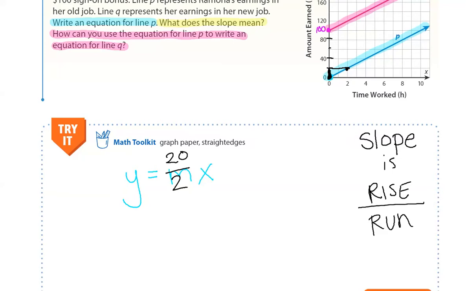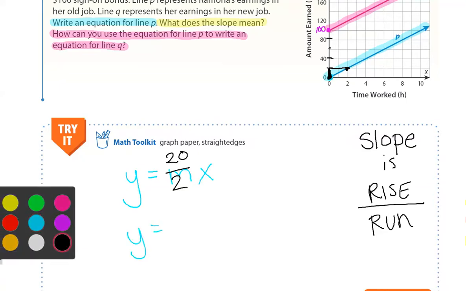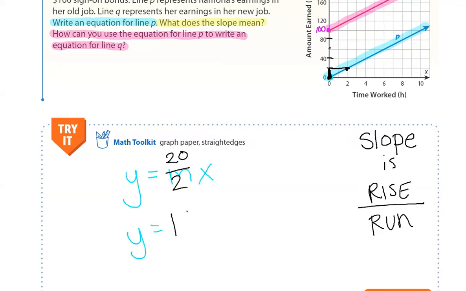You can't have a numerator bigger than the denominator. So all this really is a division problem. 20 divided by 2. What's 20 divided by 2? y equals 20 divided by 2, which is 10x. So this is the equation for P. So this is line P. That's the equation for that one.